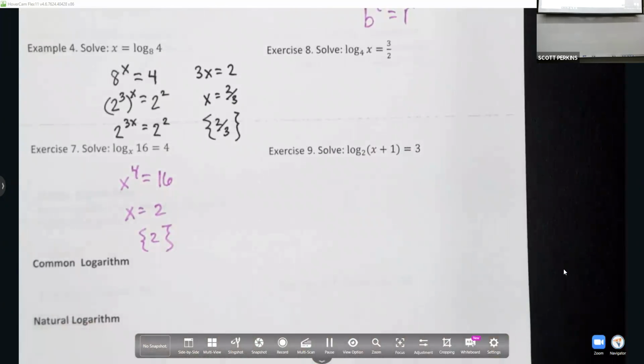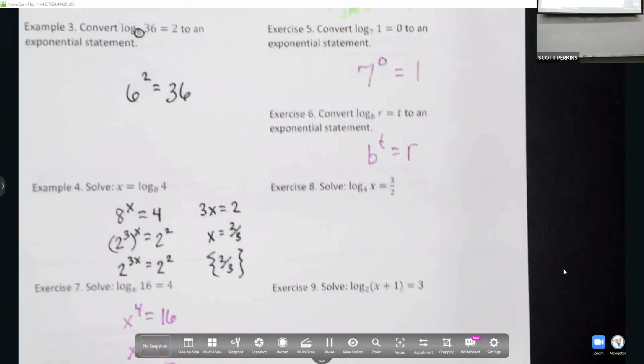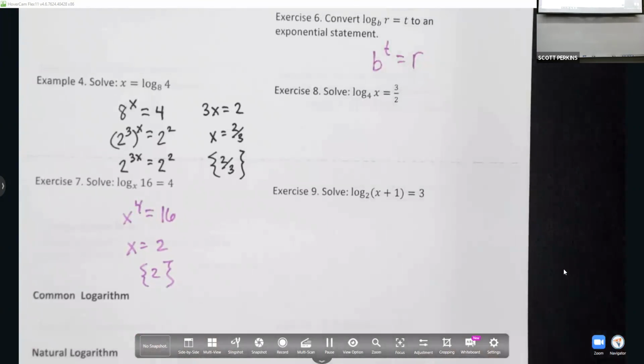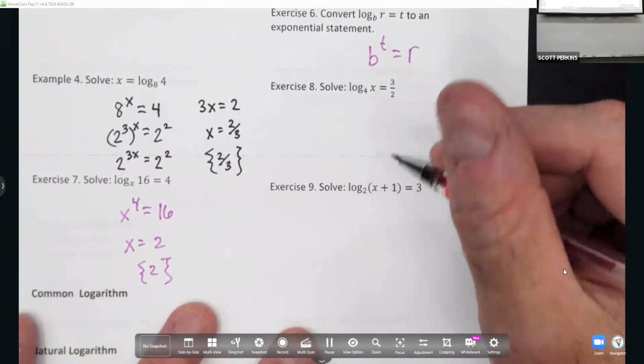Same sort of thing. So now my base of this logarithm is going to be 4.